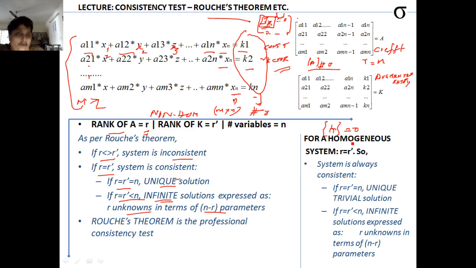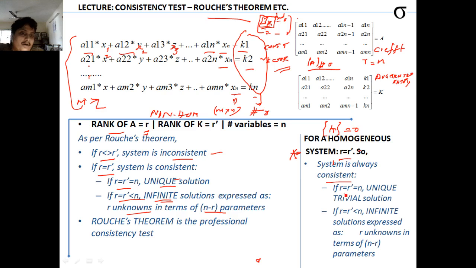Now, for a homogeneous system, R will always be equal to R dash. That is, the possibility where the system is inconsistent does not exist for a homogeneous system. So the system will always be consistent.